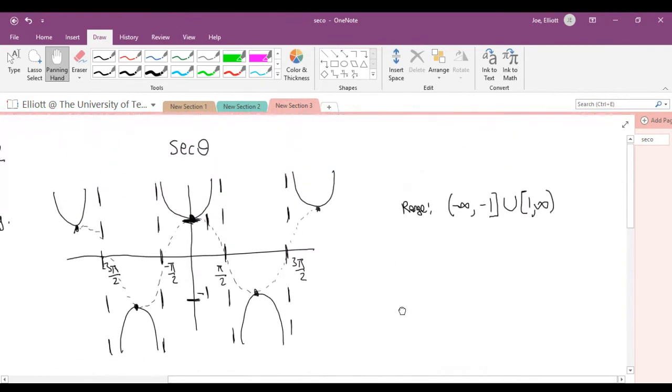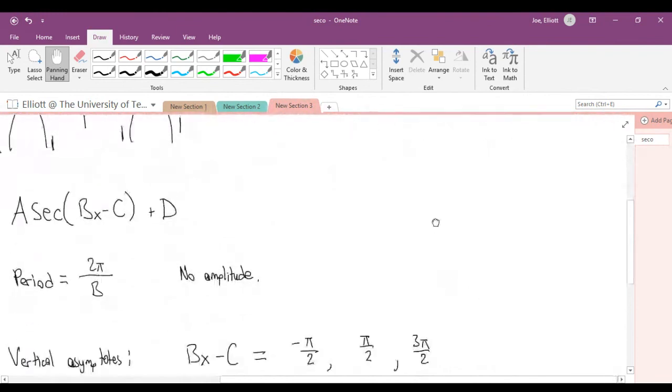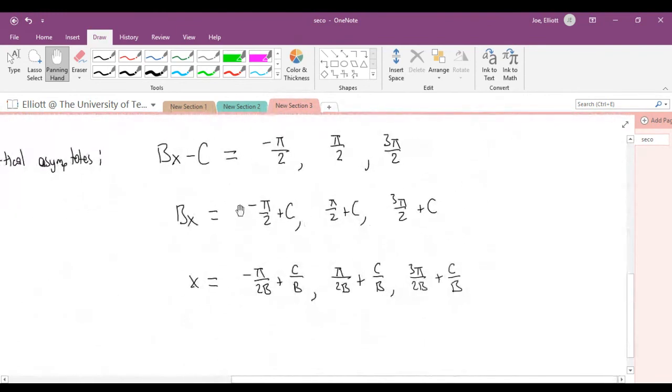Here, the original function that we were looking at was the secant function. And then you solve for x. Once you've solved for x, you would have the equations of some vertical asymptotes, okay?